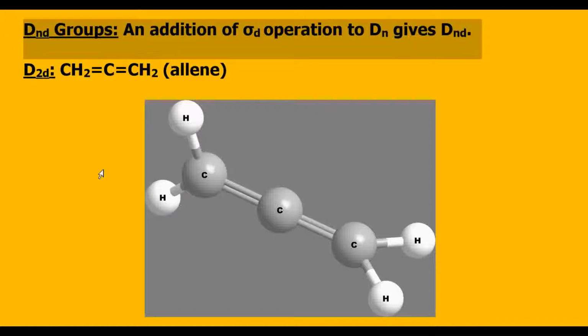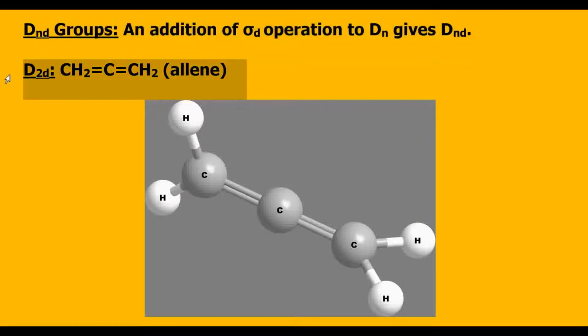Here I am going to explain you today using a molecule called allene, and allene belongs to D2D point group. You can see that allene is a 3 carbon molecule, and both the terminal carbons have 2 hydrogen atoms. You can see it very well in the figure.